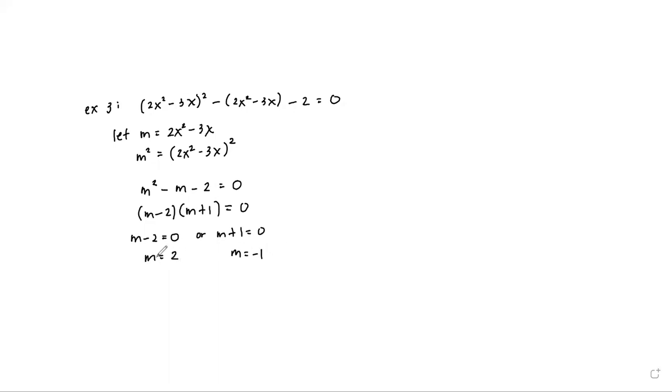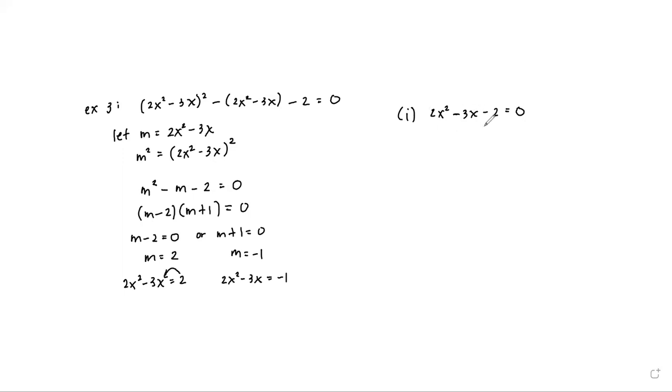However, we have to write the dummy variable m back to the original variable x using the following relationship. So m is 2x squared minus 3x, and then equate it to 2, and then we have 2x squared minus 3x, and then equate it to negative 1. So for our first equation, since this is a quadratic equation in the variable x, we can transpose positive 2 to the left side, and we get 2x squared minus 3x minus 2 equals 0.